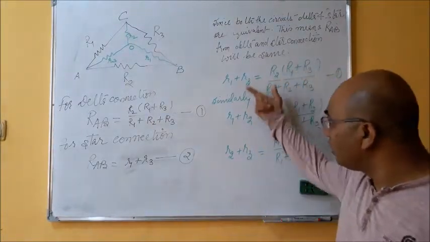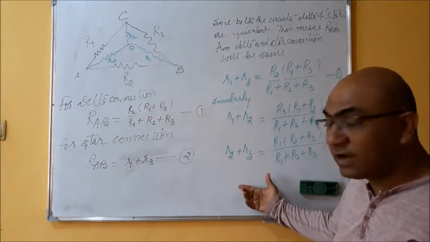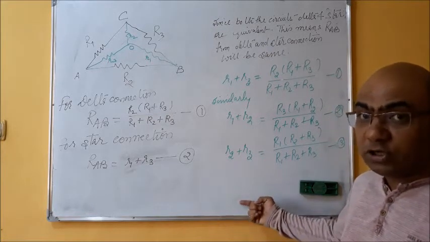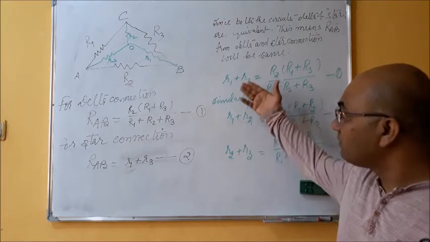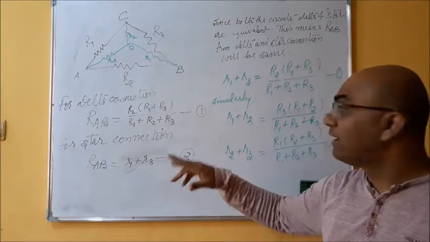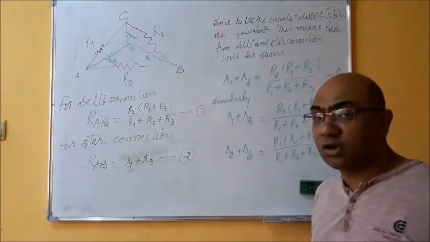Simply add all these three, and after adding you will get a fourth equation, and from the fourth equation one by one you subtract these equations and you will get the separate values of small r1, r2 and r3.